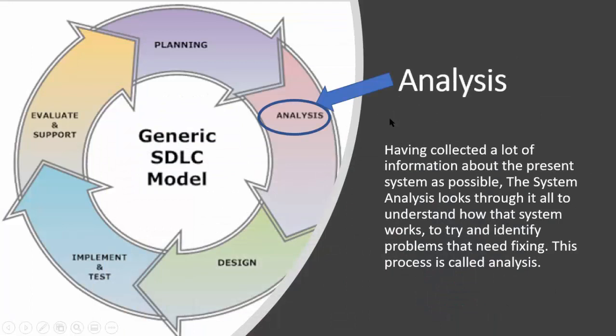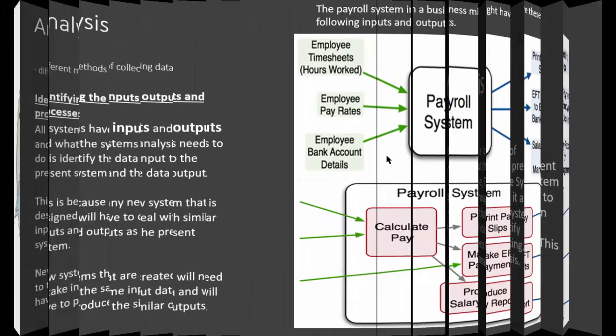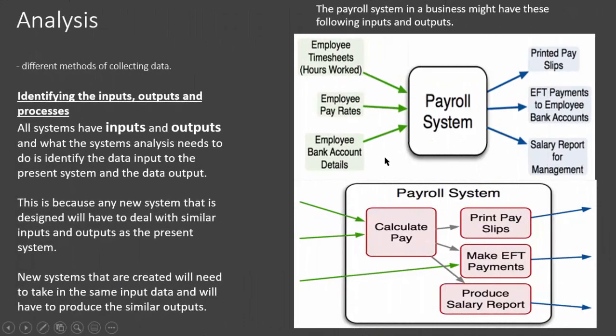Okay, so once you've collected all your data, you have to analyze it, which means looking at the problem that you have and how you are going to solve it. On here they've given you an excellent example of a payroll system.